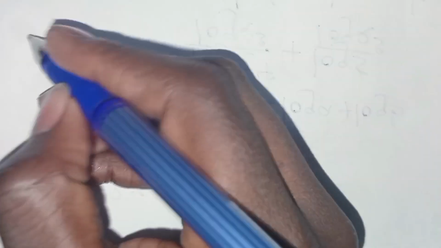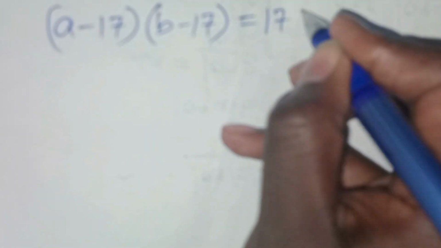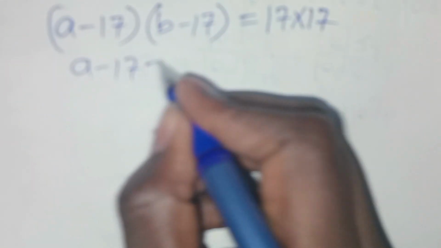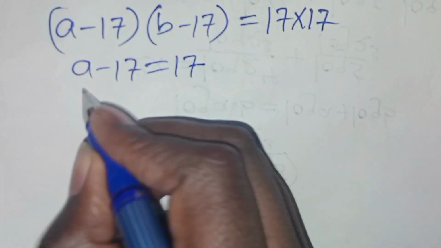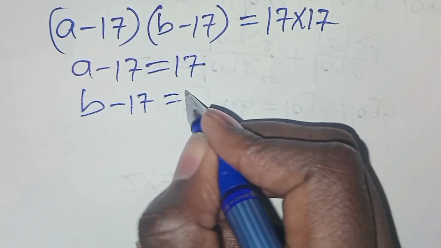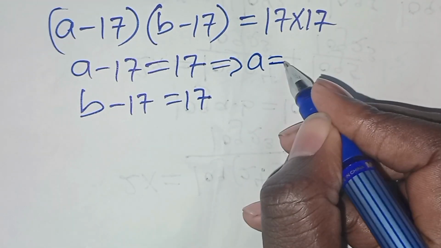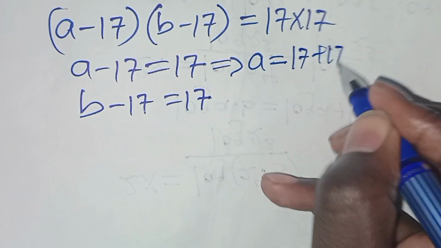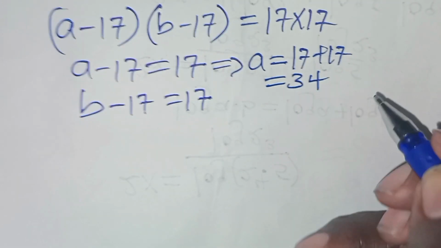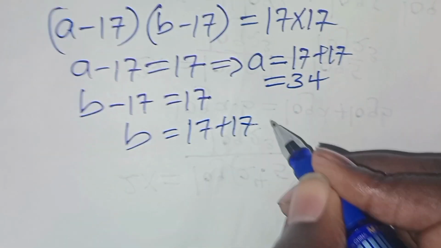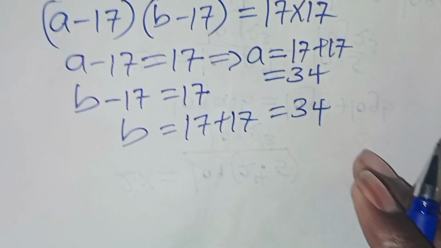For case 3, we have a minus 17, b minus 17 equal to 17 times 17. So that means that a minus 17 is equal to 17, and b minus 17 is equal to 17. And this follows that a here is equal to 17 plus 17, which is equal to 34, and b here is equal to 17 plus 17, which is also equal to 34.